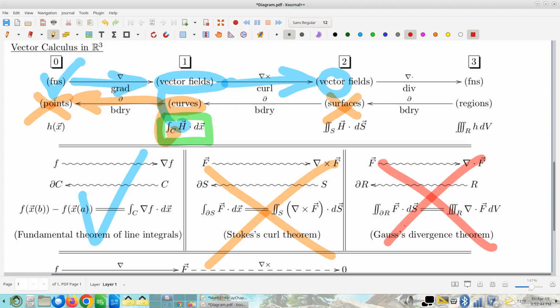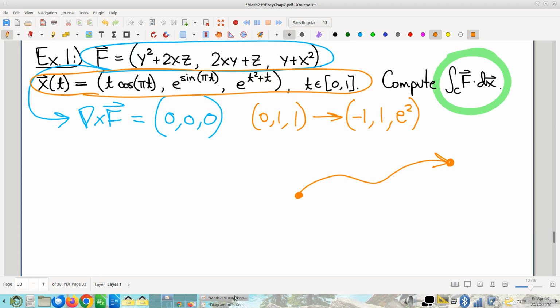So that's not going to happen. But the fundamental theorem of line integrals would totally work. So we have successfully diagnosed this problem. This problem that we were just looking at here, this is a fundamental theorem of line integrals question. So compute the anti-gradient. Remember, we have a game to play that allows you to compute anti-gradients. And then line integral, just f of b minus f of a.